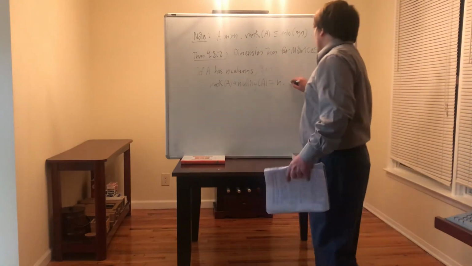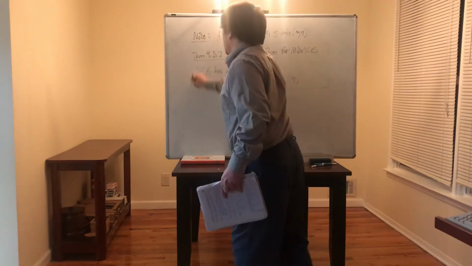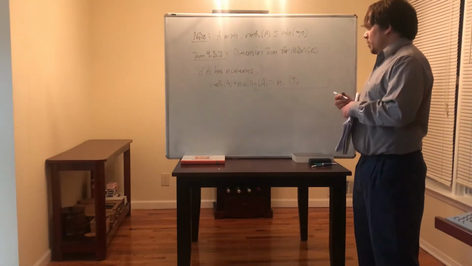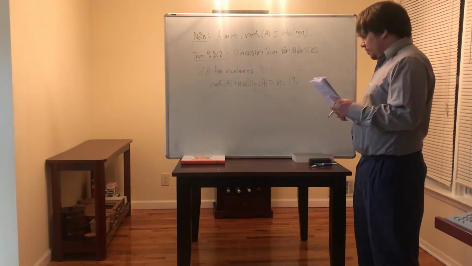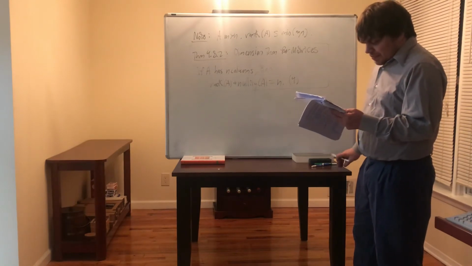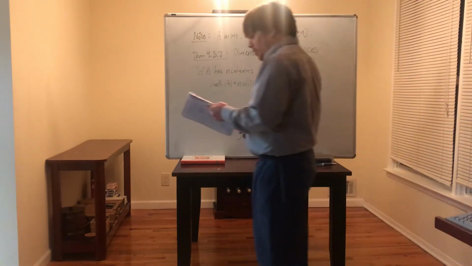And that's equation 4 in this section. This is extremely important. It's called the dimension theorem for matrices. So if A has n columns, then the rank of A plus the nullity of A is equal to n. Okay, so that's extremely important.